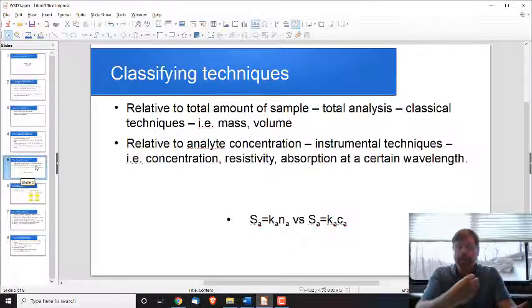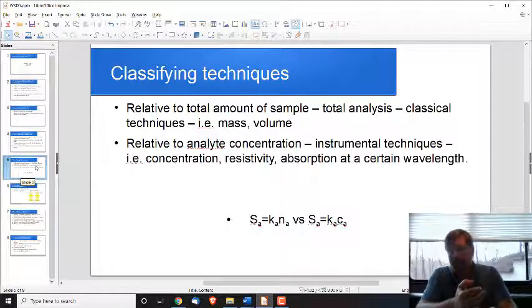So things like concentration itself, resistivity, absorption at a certain wavelength, something that changes depending on how much of the analyte there is. So, for example, resistivity, if you've got ultra pure water, has a very high resistivity.